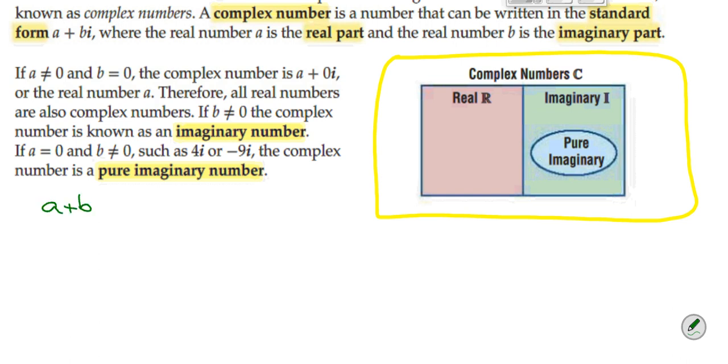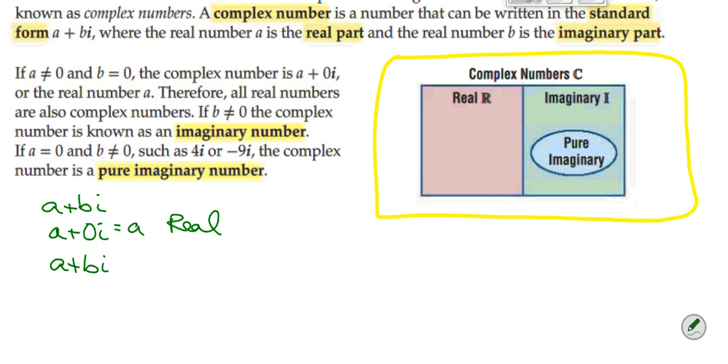So if A plus BI has A as a number but B is 0, so if B is 0, A plus 0I, which is just A, that's going to be a real number. And so real numbers are considered complex numbers, even though we kind of think of them in their own little thing.